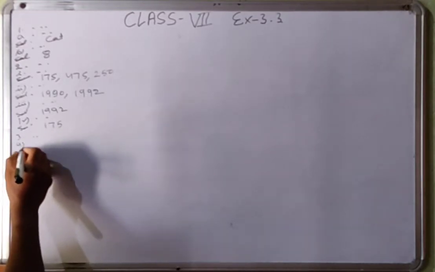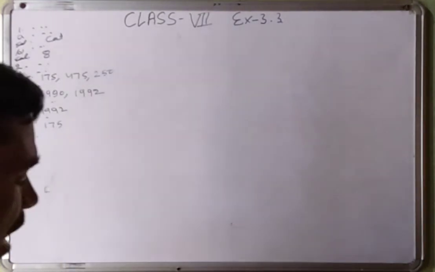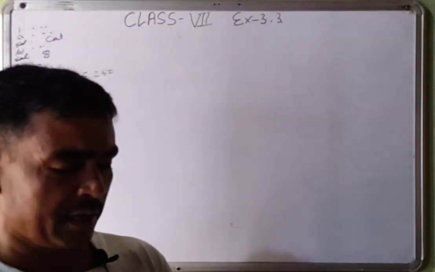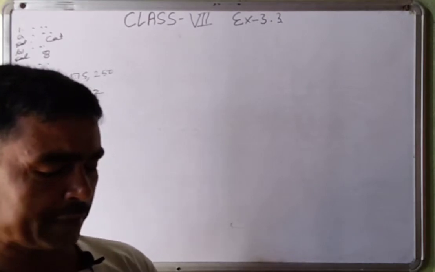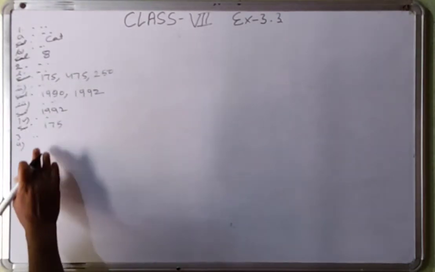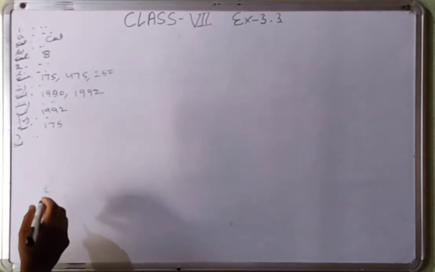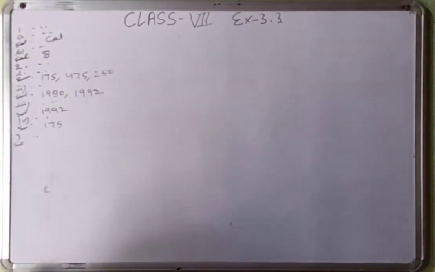Third question, A part. The number of children in 6 different classes are given below. Represent the data on a bar graph. So first of all we will draw the bar graph. That is solution first. First of all we will see the scale.